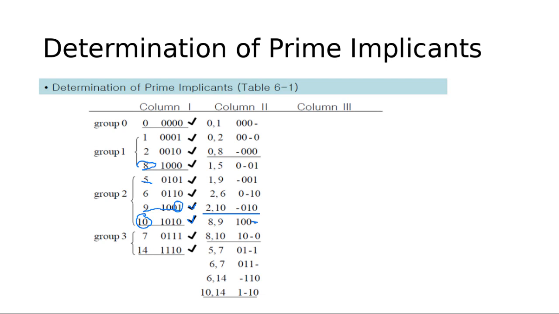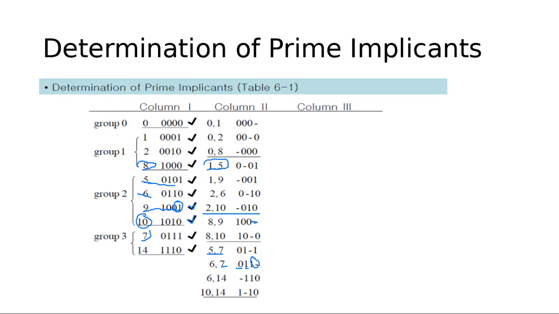And there is also 5 in here. You can combine with 7, and there is no one in the 5 because we already combined 5 with 1, and there is also 6. You can combine the 6 with 7 because there is only 1 bit difference. This means 0 1 1 dash.